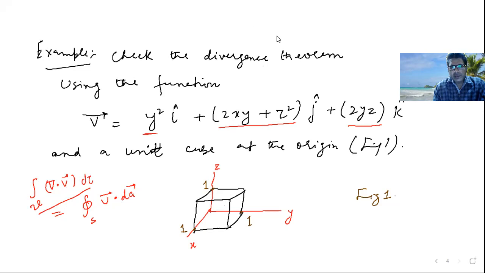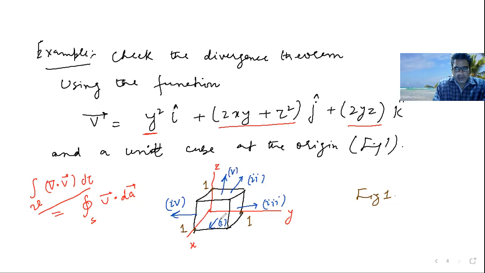I name this front face as face 1 first, back face as second, right face as third, left face as 4, upward face as 5th, and downward face as 6.